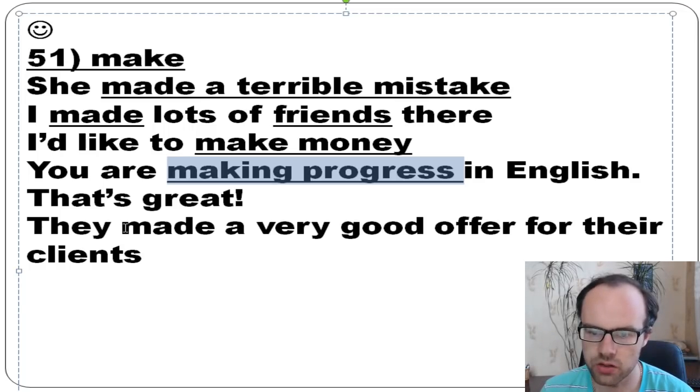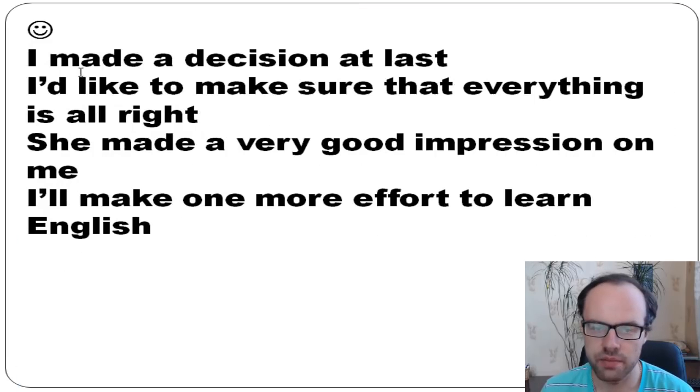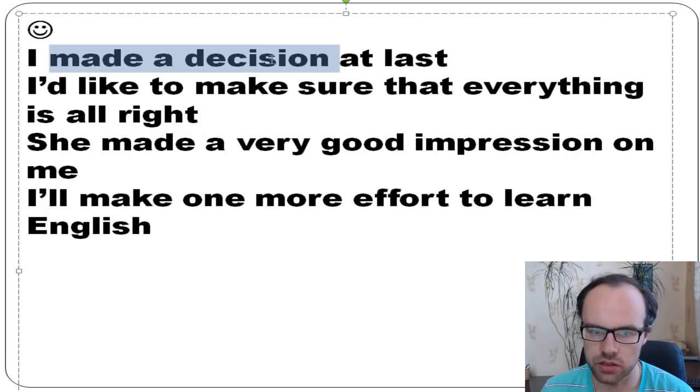They made a very good offer for their clients. We say make an offer. Good. I made a decision at last. So we say make a decision. I'd like to make sure that everything is all right. We say make sure.